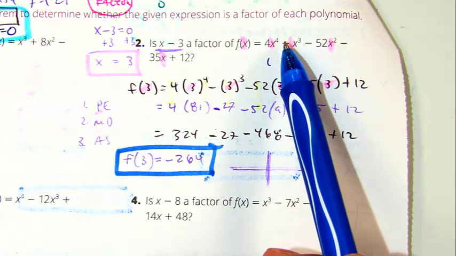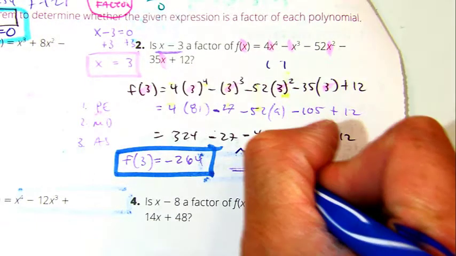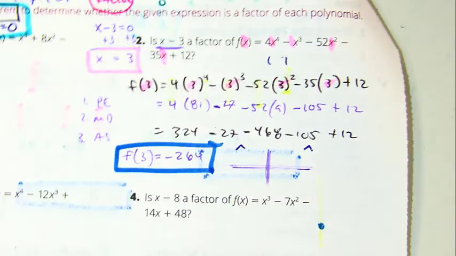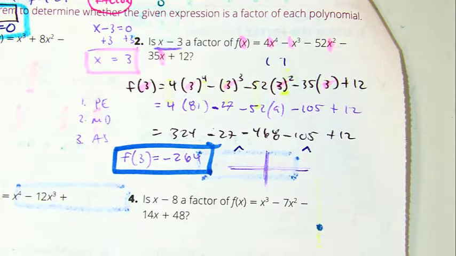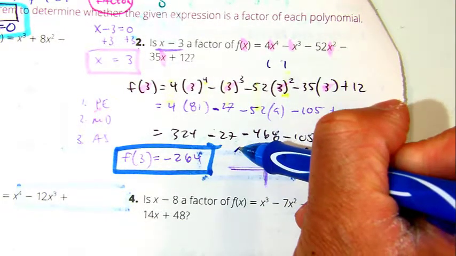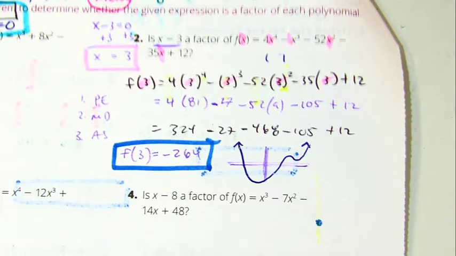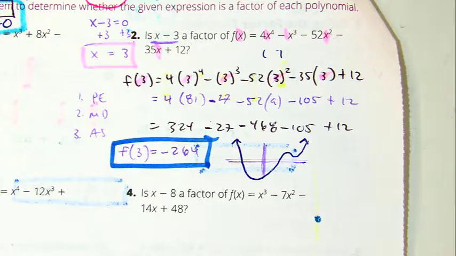Where are the arrows? Starts up, ends up. So if I draw something like that, and then we've been working on x equals 3.